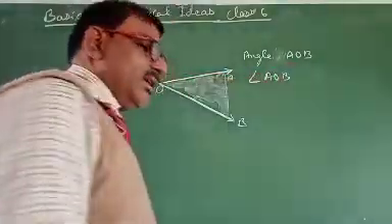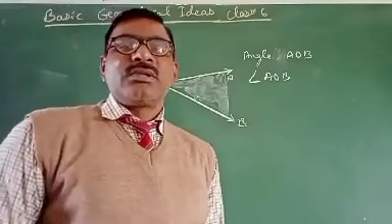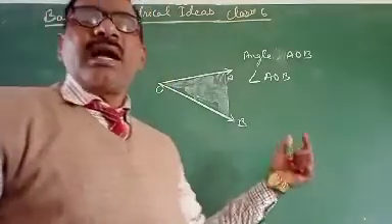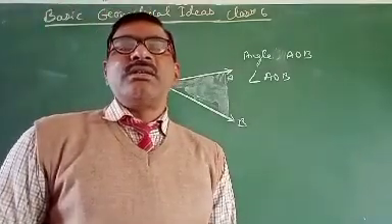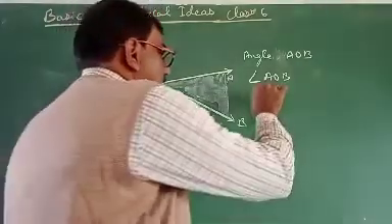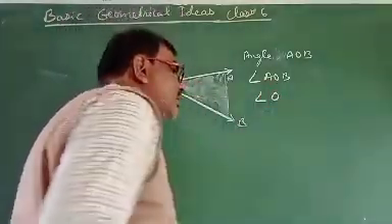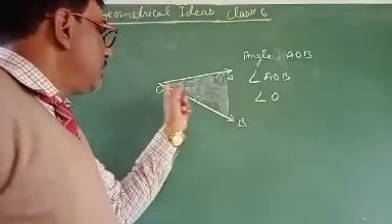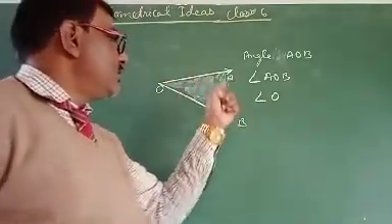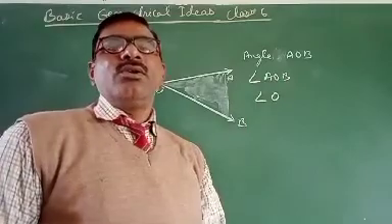This is the symbol of angle. Simply, we can write angle AOB in short form as angle O. Here angle AOB can be written in short form as angle O.